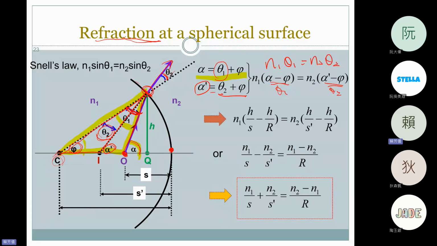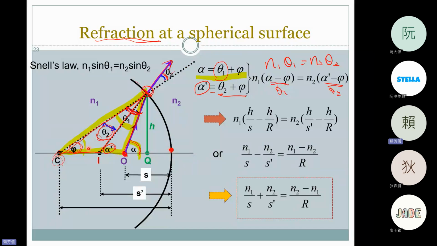But we draw the point high here to enlarge all the angles so you can see them. Actually, the incident point should be here. Then you will know that Q is very close to this point, the middle point V.